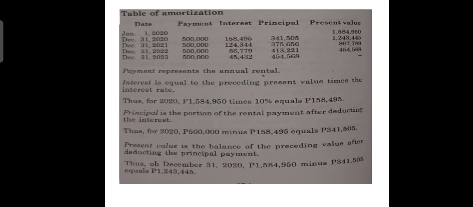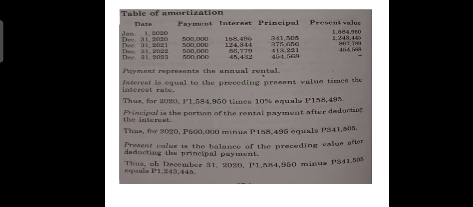Principal is the portion of the rental payment after deducting the interest. And you can see it above too, the answer of 500,000 payment minus the 158,000 interest is equal to 341,505 pesos. The present value is the balance of the preceding value after deducting the principal payment.